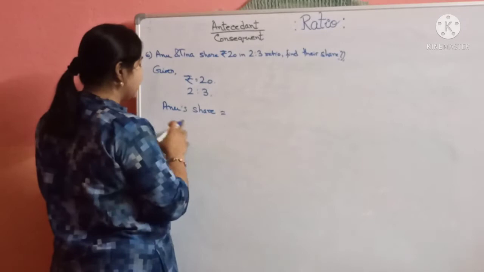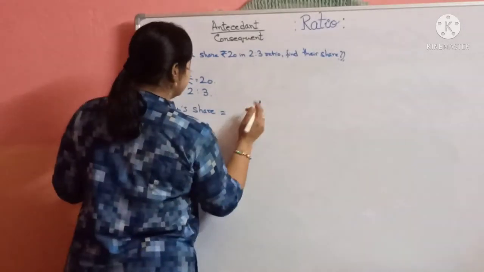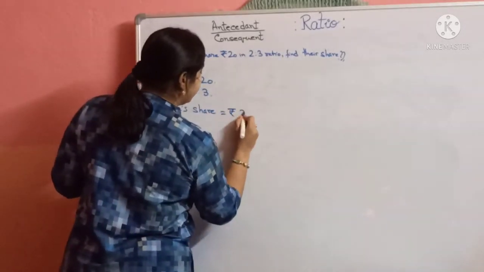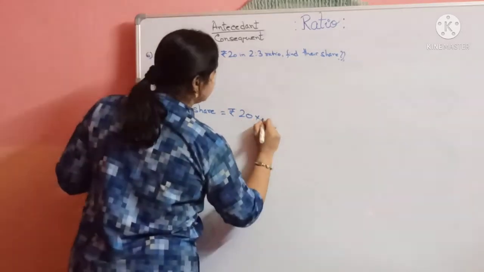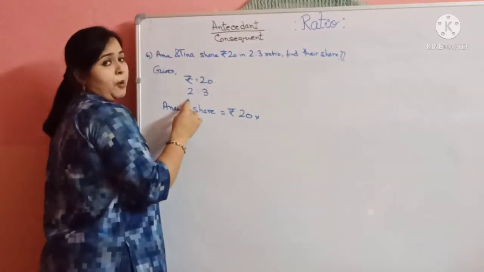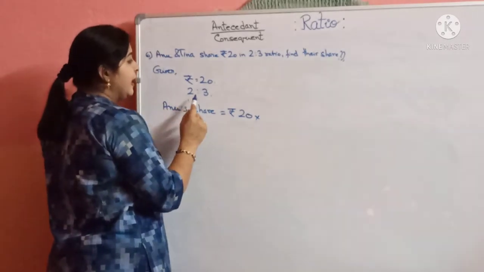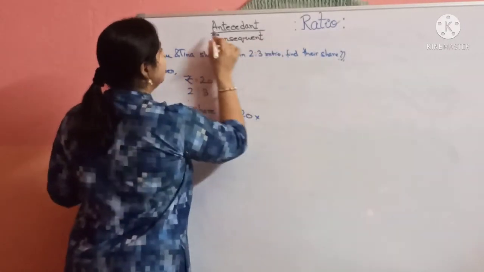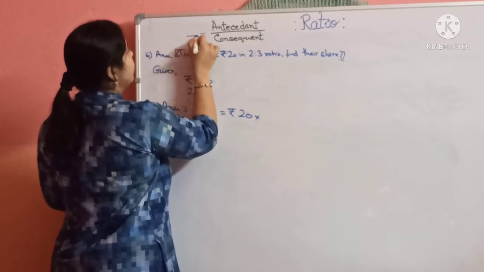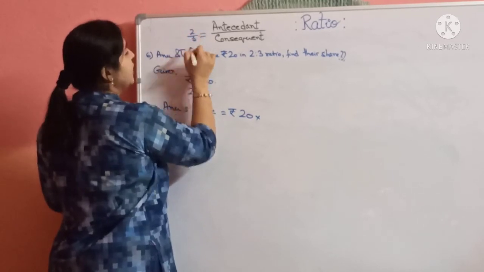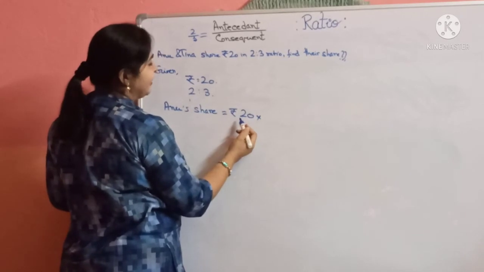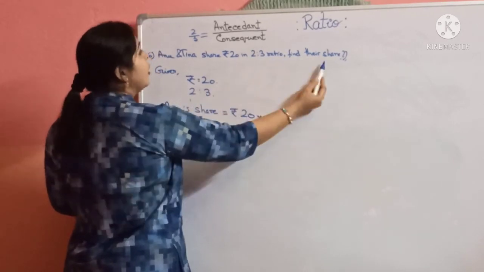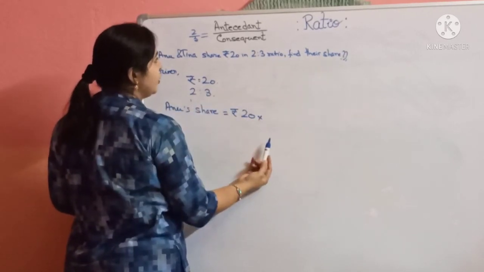Just for easiness you are writing Anu share, what will be there? 20 into... For this type of maths, where we have antecedent is to consequent, that is 2 is to 3, and we have to find out one's share, what should we do?